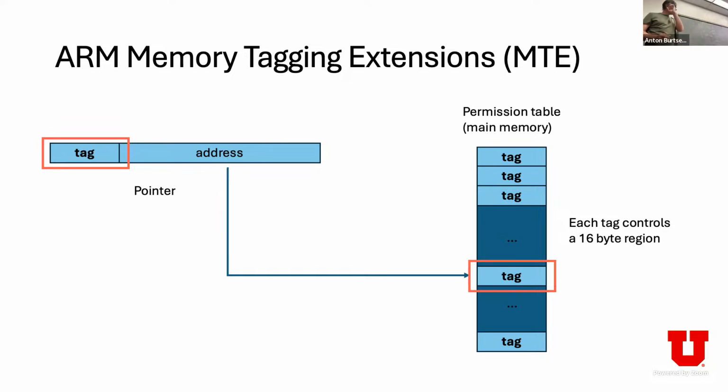I guess I'll just use it for text. Use after free. Right, no, use after free is a perfect example. And I think, in fact, ARM was designing this mechanism as a hardware support for lightweight address sanitization.